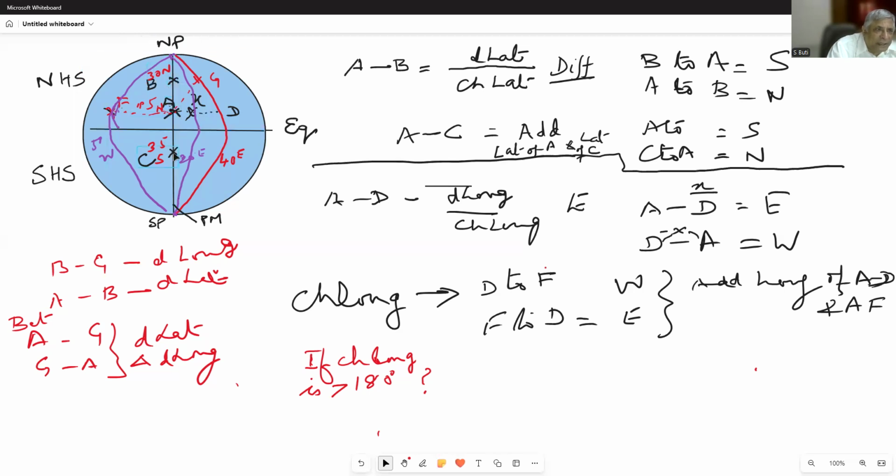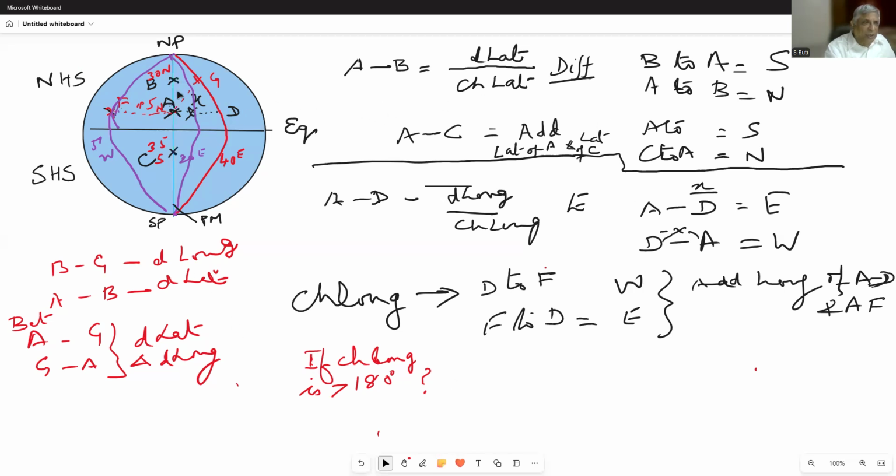And this anti-meridian of the Greenwich meridian, suitably modified, is also called international date line. That theory we will study in the theory lessons. We will do a few numericals based on that.